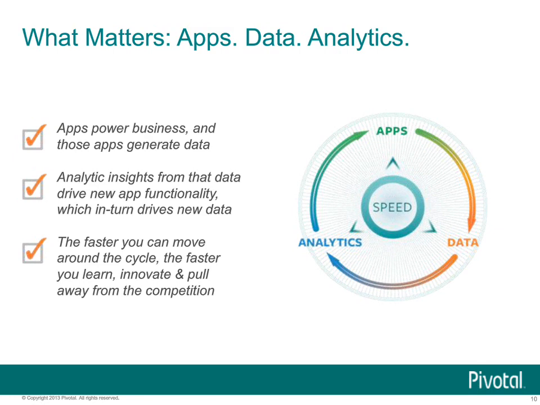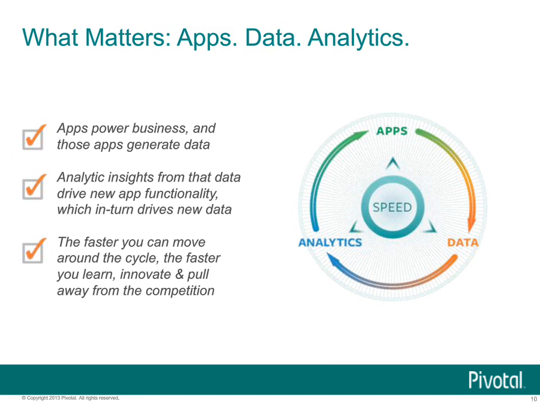And this drives business value for Netflix. So you can think of it like this. Apps power businesses, and those apps generate data. And from that data, you can derive analytic insights to drive new app functionality. And the faster an organization can go around this cycle of innovation, the faster it can pull away from competition and differentiate itself.